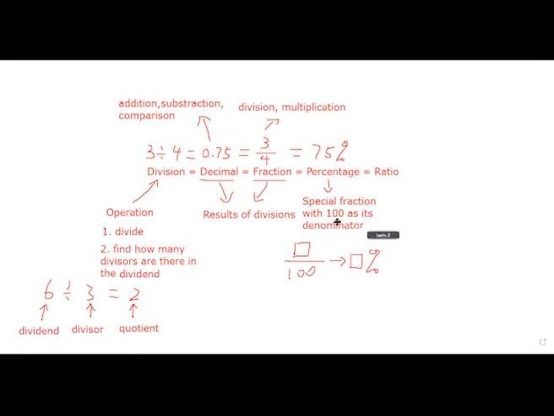Then converting from decimals is pretty easy because it's divided by 100, so basically you move the decimal to the right by 2, right? So 0.75 is 75%. You have the number right away, okay? So converting from decimal to a percentage is much easier, which we are not going to cover today.